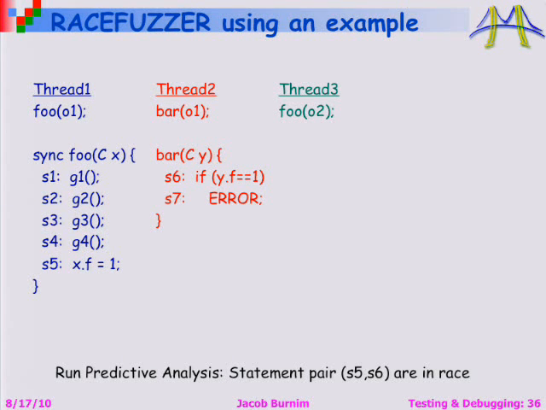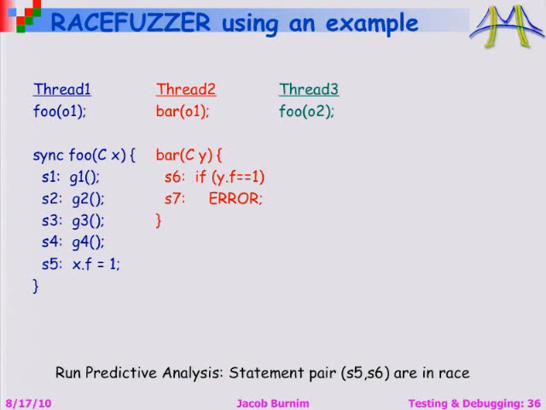It has these two functions, the synchronized method foo, where you should think of G1 through G4 as doing a lot of safe local work, and then having a write to a field at the end. And then also this method bar, and maybe there's a race between the statement at line 5 and the statement at line 6. Then we have several threads calling foo and bar in parallel on different objects.